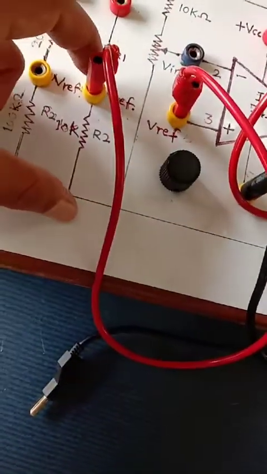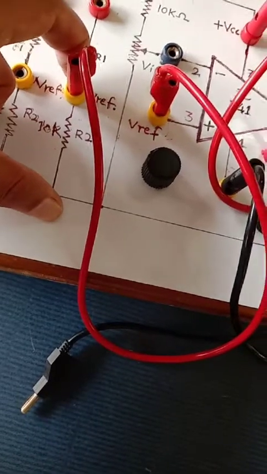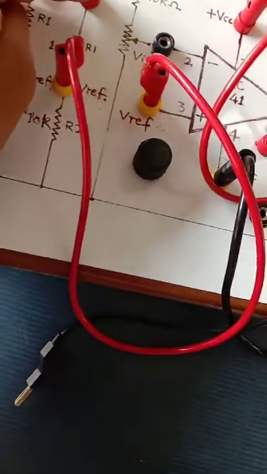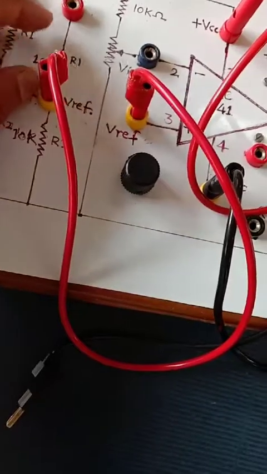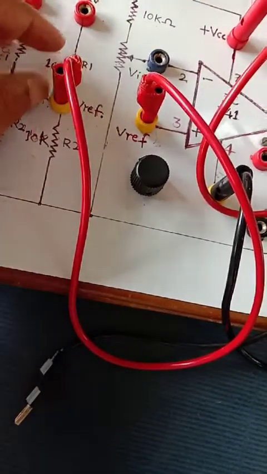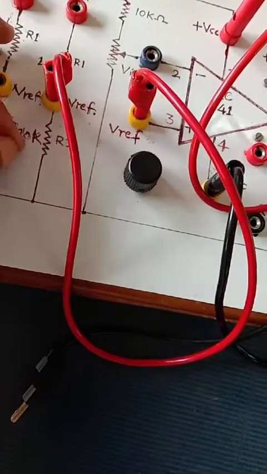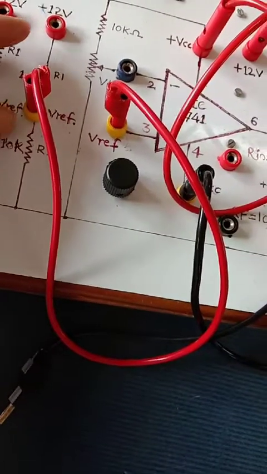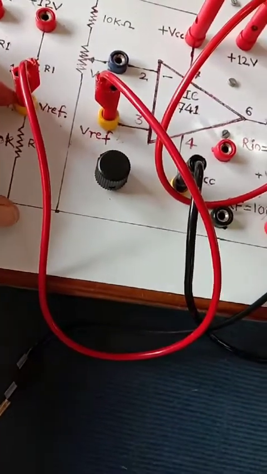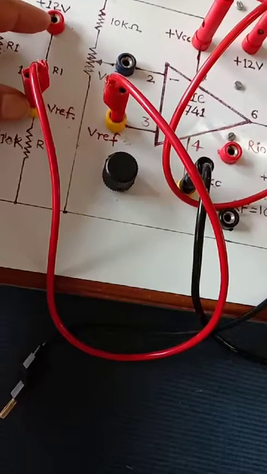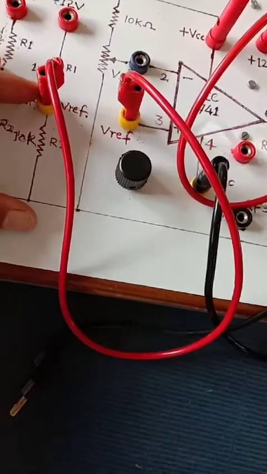Now the reference voltage will be 6 volt, because the 12 volt applied will be divided across each resistor, and since these two resistors are equal 10k, the voltage divides equally. That is 6 volt across R1 and 6 volt across R2.